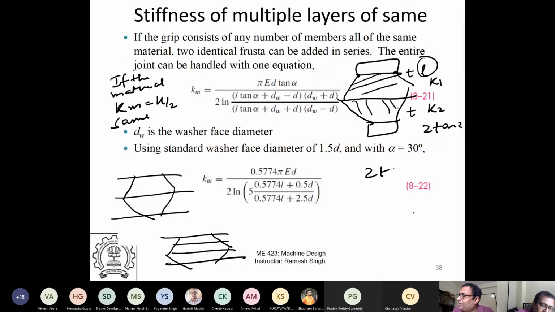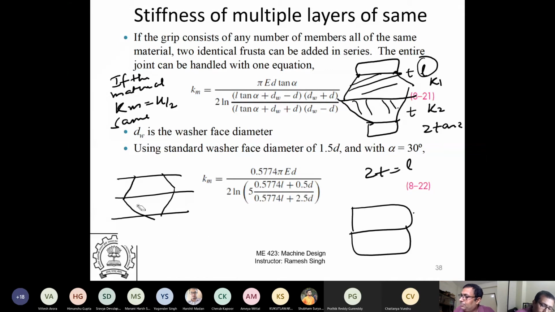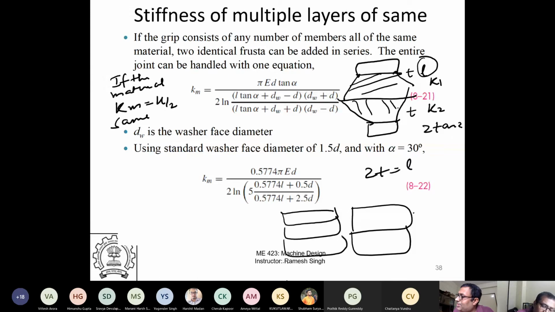So this 2T will become L. There are 2 layers, T plus T. Now I claim that imagine there are 3 layers, T plus T plus T. I still say that this is correct. How many people agree with me? This result is still correct.